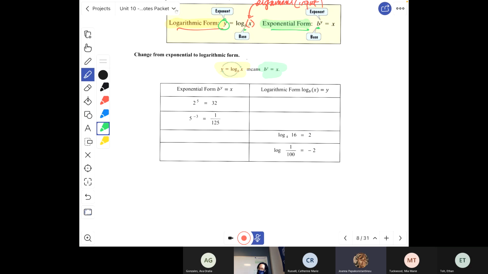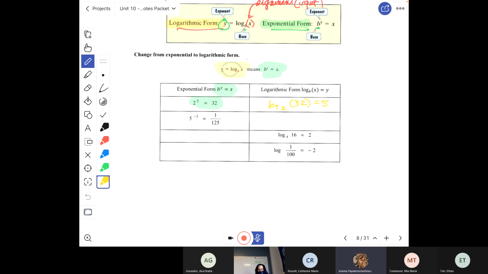So if I look at this exponential form, can I rewrite it in logarithmic form? So the first example would be what? Log base 2 of, that's right, because 2 to the 5th equals 32. Does that make sense? Yes?